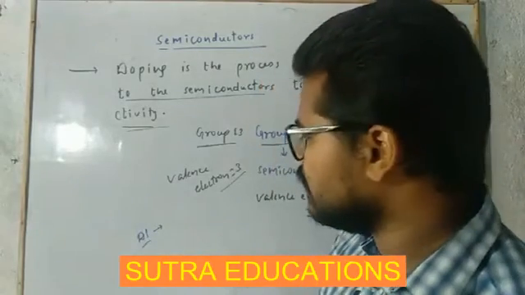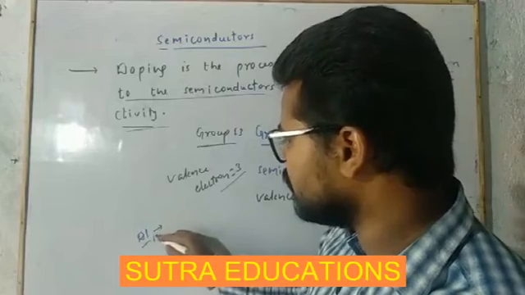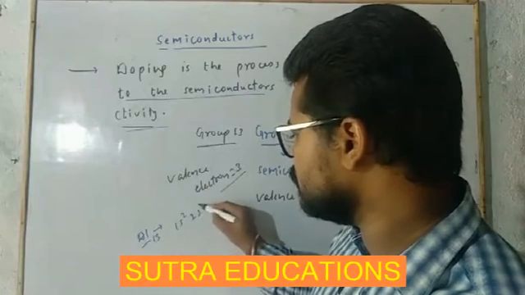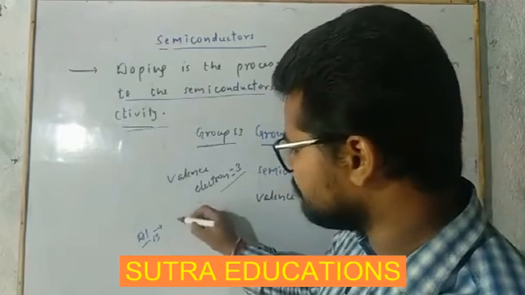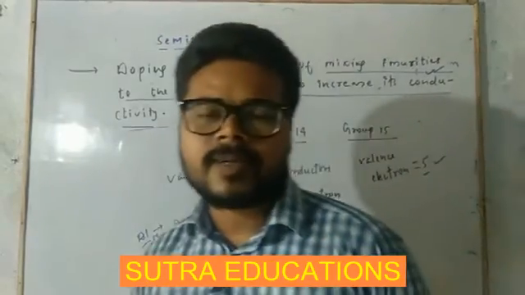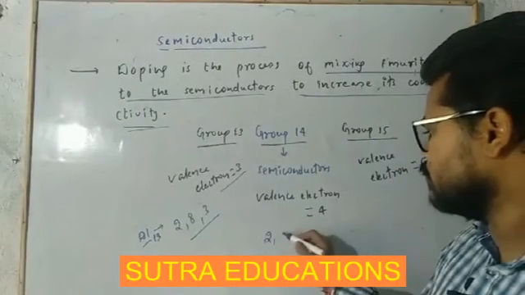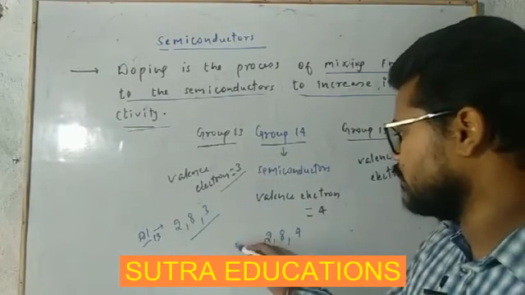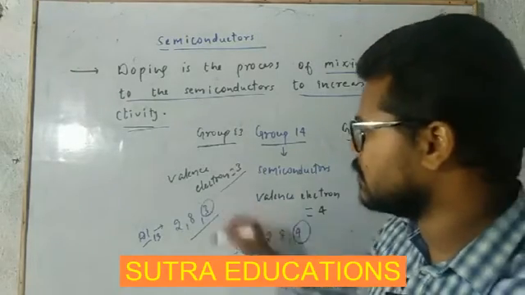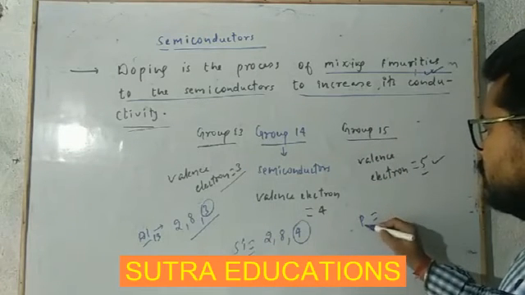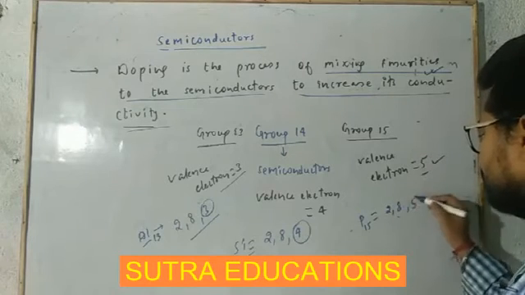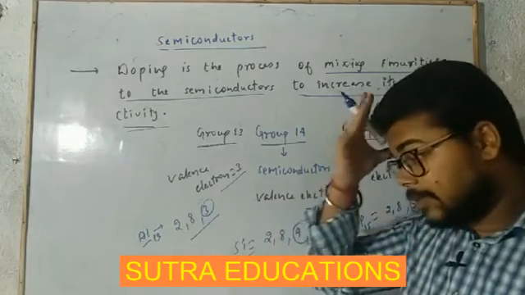Aluminum has atomic number 13, so its electronic configuration is 2, 8, 3. 2 plus 8 plus 3 is 13. For silicon it will be 2, 8, 4, so outermost electrons are 4. Say I am considering phosphorus, 15. So 2, 8, 5 means outermost electrons are 5. Getting this now?